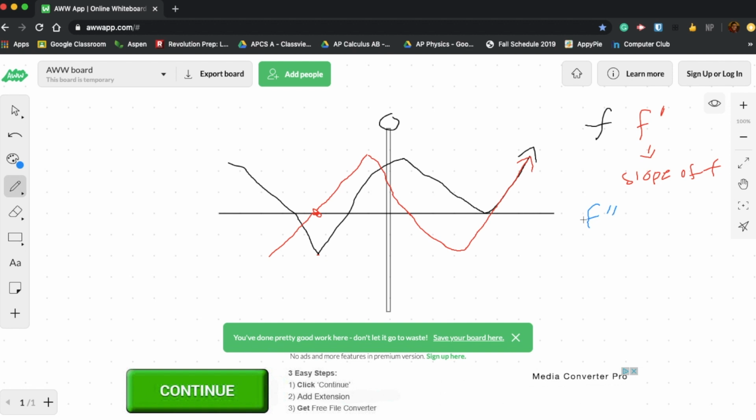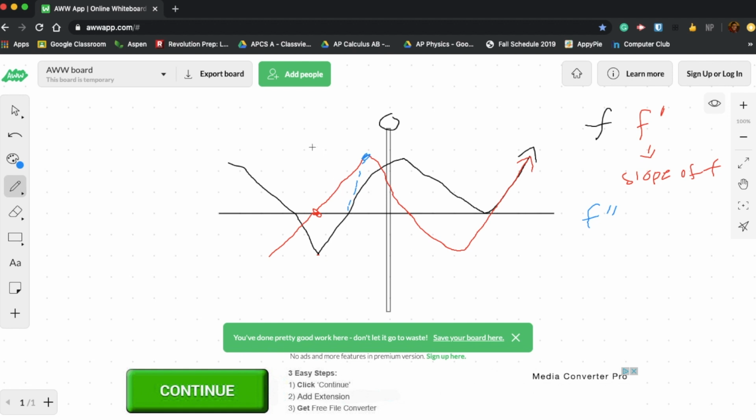Alright, so looking at f double prime, what you want to know is basically that f prime indicates where the slopes of f of x are changing. So we see that the slope of f of x is changing at around this value, like around here, because it crosses the x-axis here. But around this value, the slope changes, right?